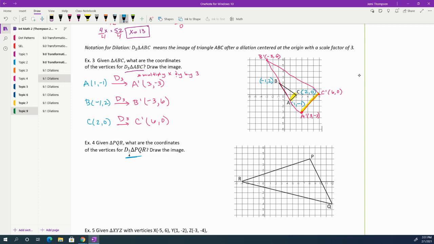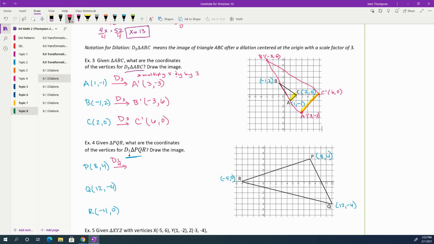I'm going to find the coordinates of P, Q, and R. All right.